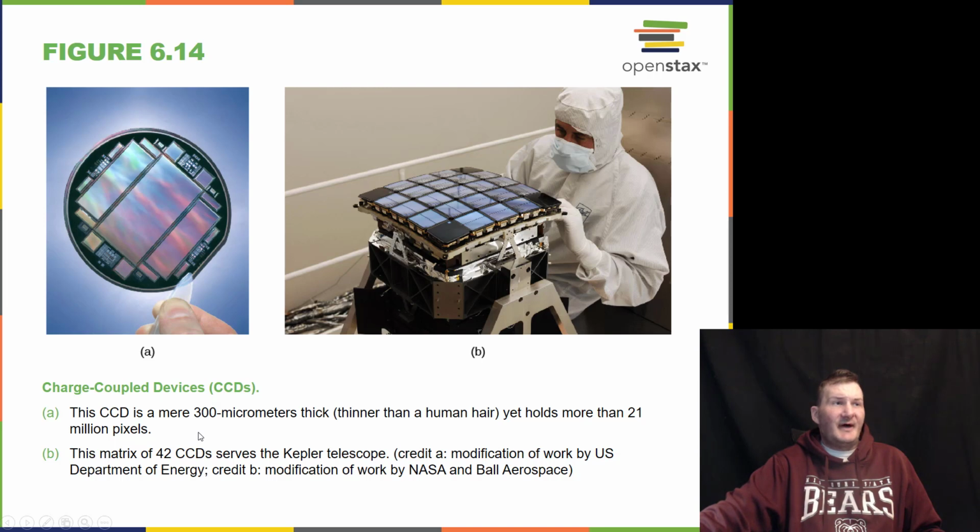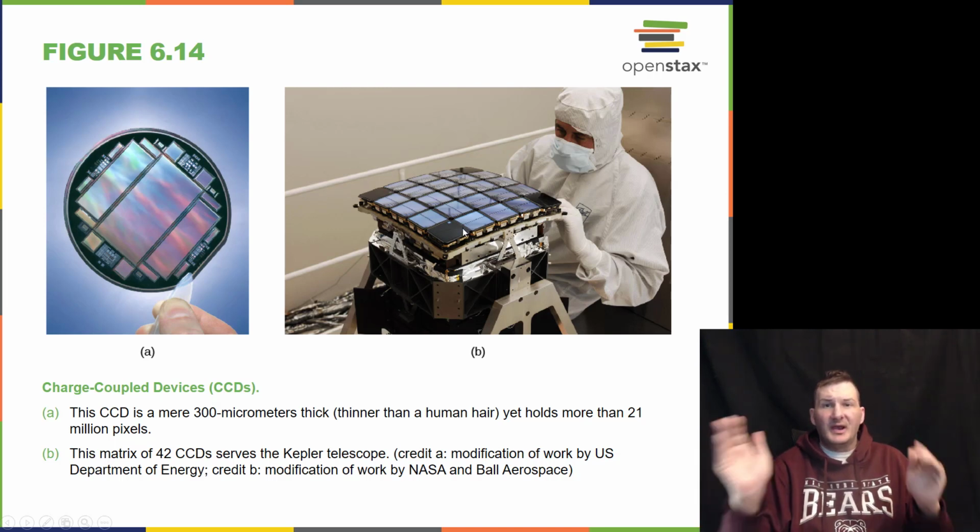Now, what is the device that we use to image the galaxy and the star clusters and the nebula? We use what's called a CCD, or a charge-coupled device. This is a piece of silicon. The one I mostly used was about the size of a dime, but there are some very large arrays, like you see here in picture B, that are a matrix of numerous CCDs to capture light.